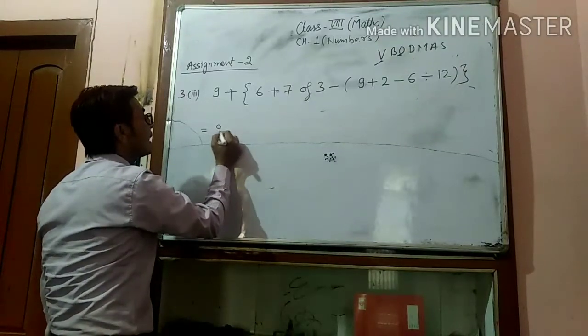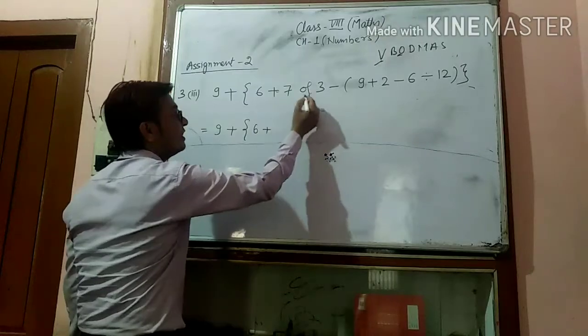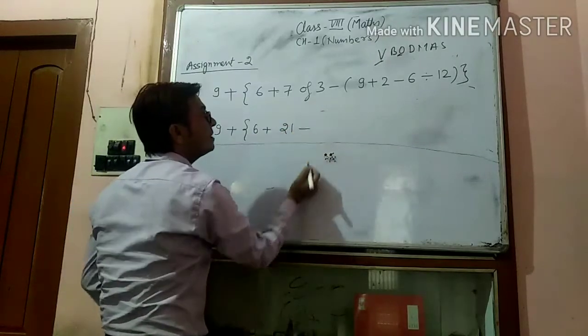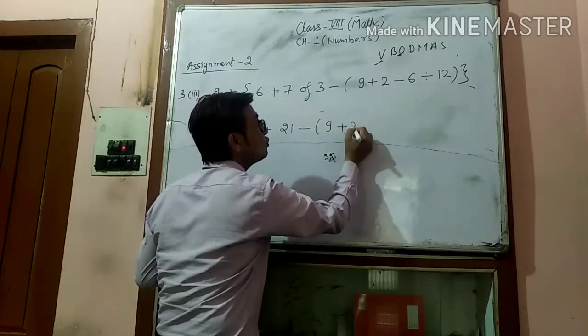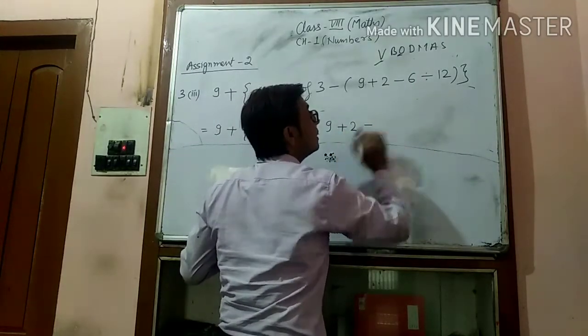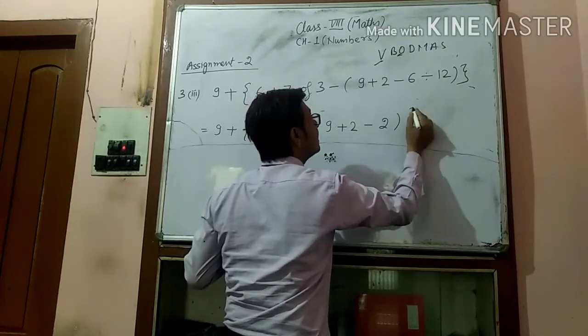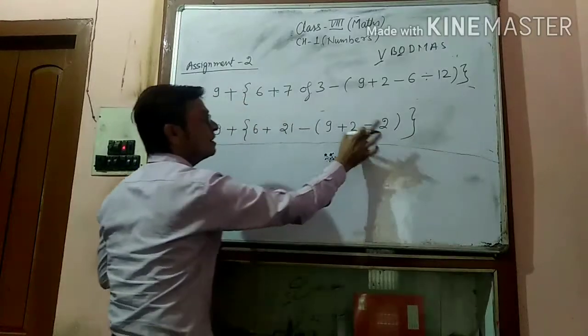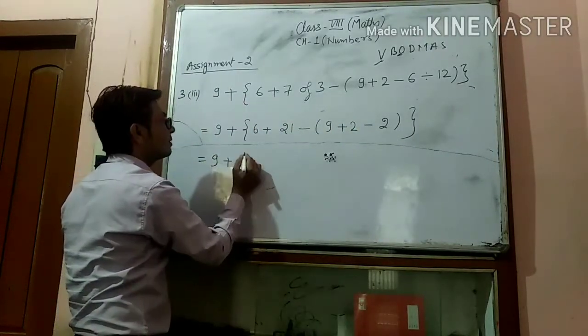Now 9 plus 6 plus 21 minus, curly bracket, 9 plus 2 minus 6 divided by 12.